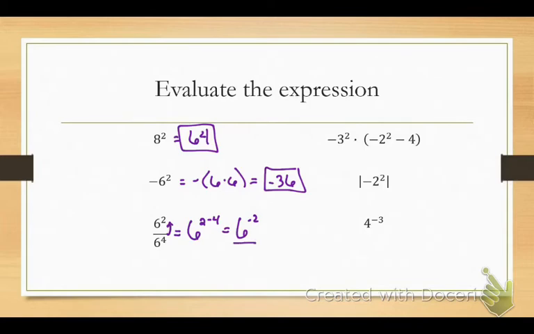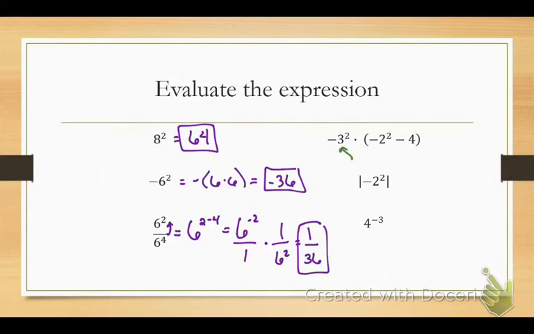Put it over 1 and flip it. 1/36. All right. You do have one of those on your test tomorrow. So once you do quotient of powers and subtract, if that is a negative, you have to flip it and then evaluate.